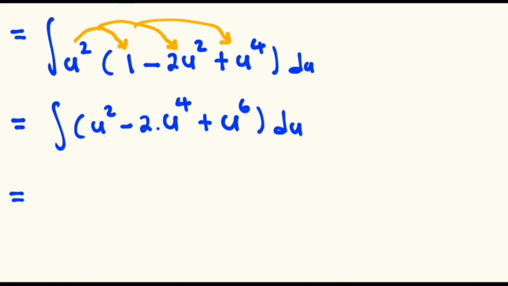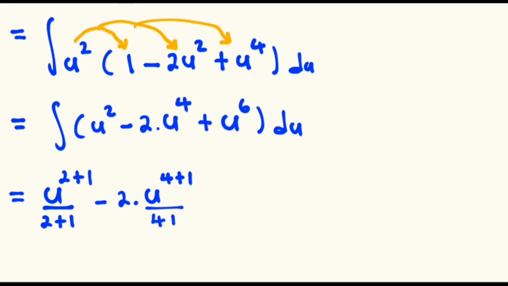The integral of u squared will be equal to u raised to the power 2 plus 1 divided by 2 plus 1, minus 2 multiplied by the integral of u raised to the power 4, which will be equal to u raised to the power 4 plus 1 divided by 4 plus 1, plus the integral of u raised to the power 6, which will be equal to u raised to the power 6 plus 1, and this is divided by the 6 plus 1, plus our constant c.